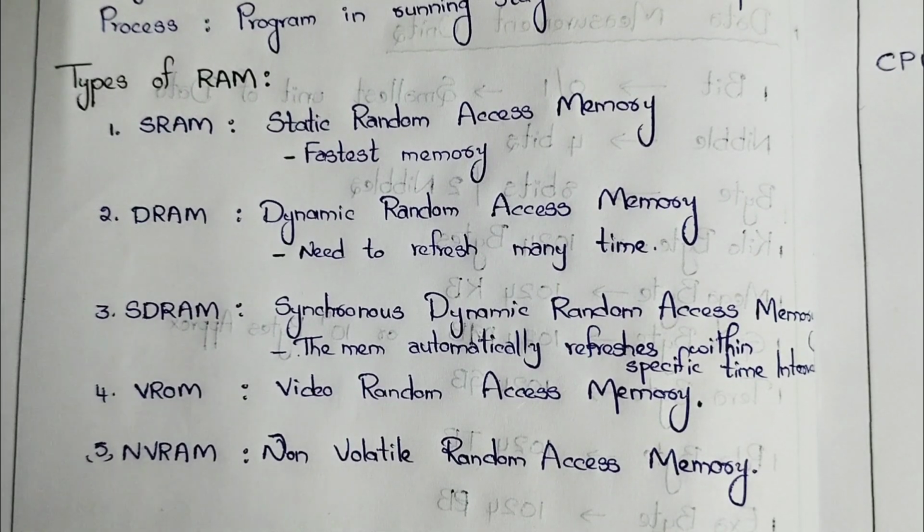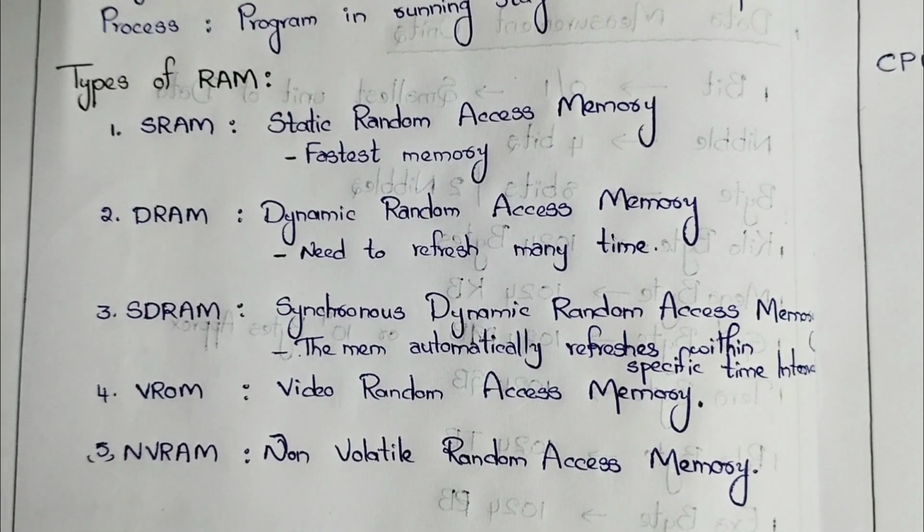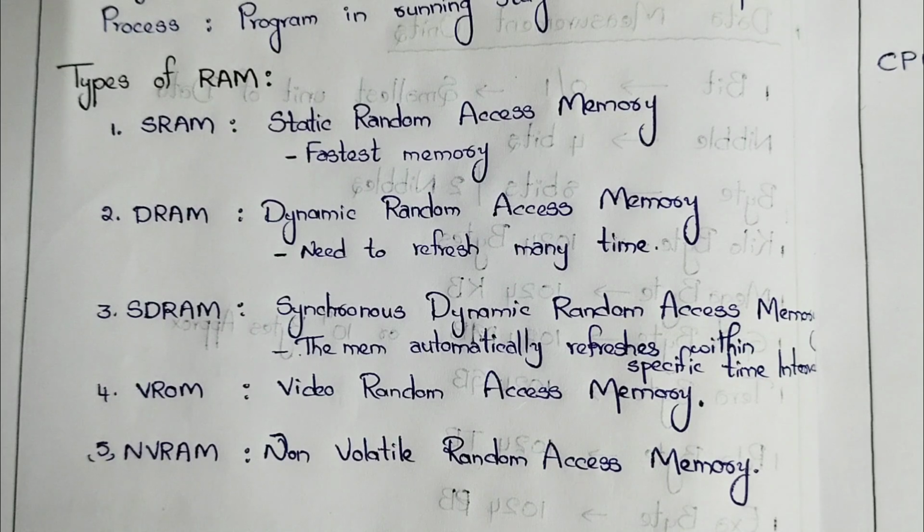So far we learned so many things, right? In the first class we discussed the fundamentals of a computer, and then the purpose of computer. We discussed the characteristics of computer, and then generations of computer, which is again an important topic.